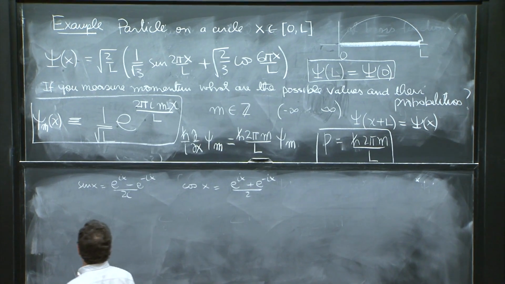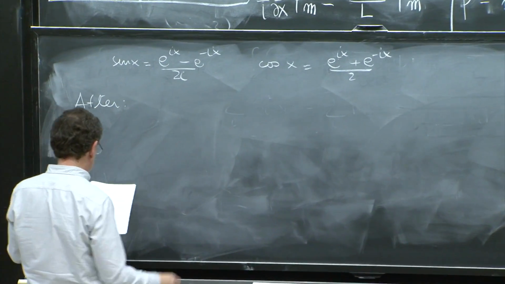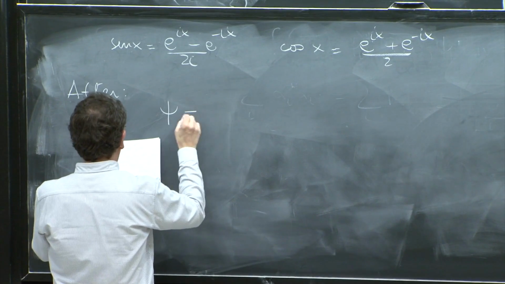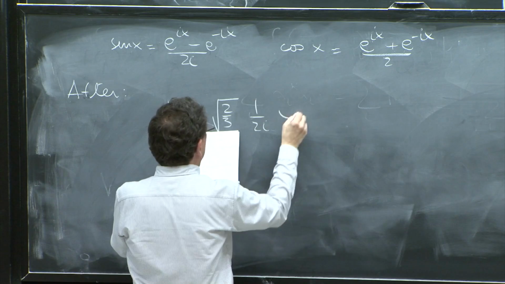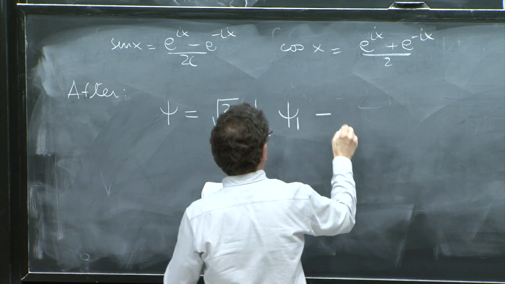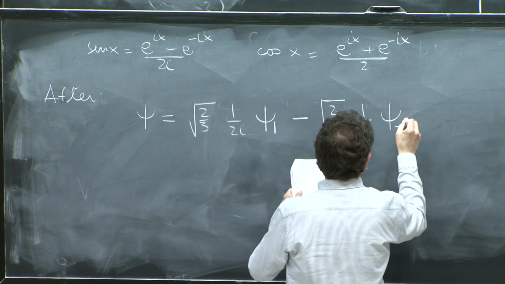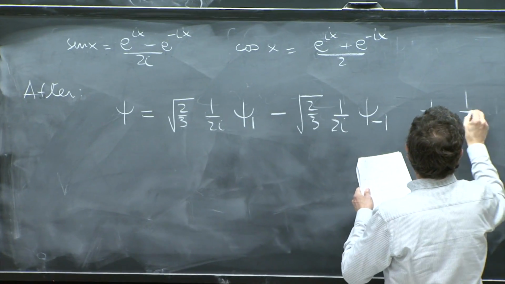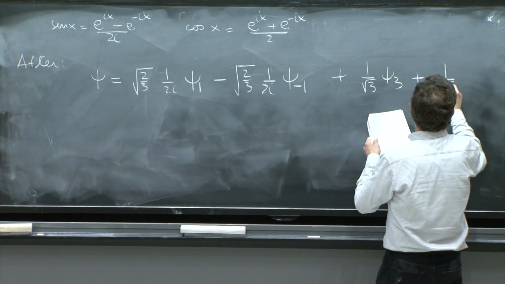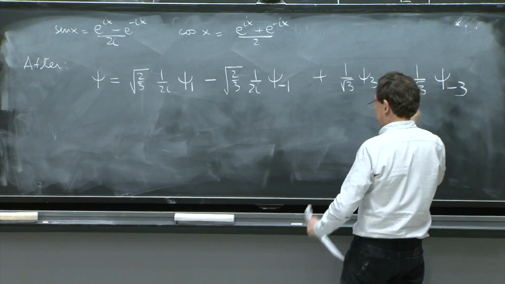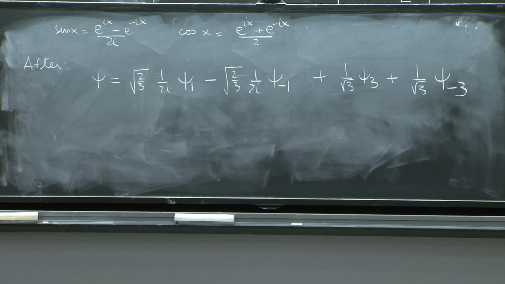So I claim that after some work, and I think it would be a nice exercise, psi is equal to square root of 2 over 3, 1 over 2i, psi 1, minus square root of 2 over 3, 1 over 2i, psi minus 1, plus 1 over square root of 3 psi 3, plus 1 over square root of 3 psi minus 3. And it should give you some satisfaction to see something like that.